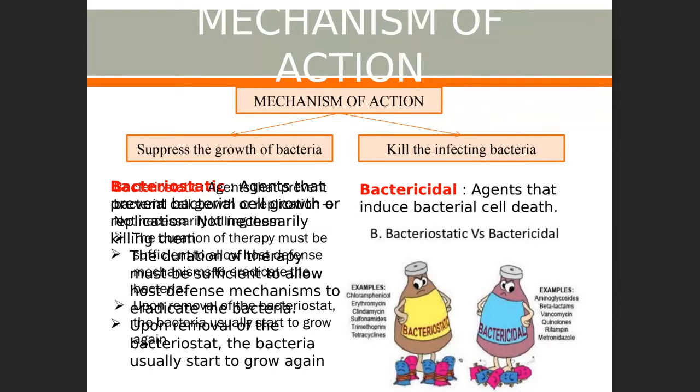And if the antibiotics kill the bacteria, then such antibiotics are known as bactericidal. So the agents which prevent the growth of bacteria are bacteriostatic, and the agents which kill the bacteria are known as bactericidal.